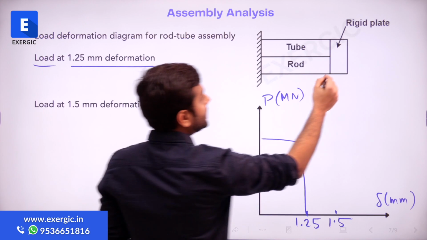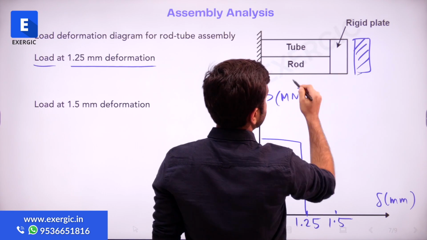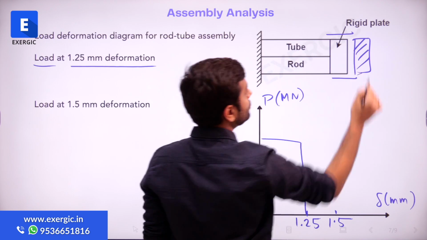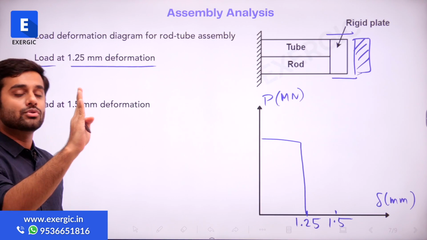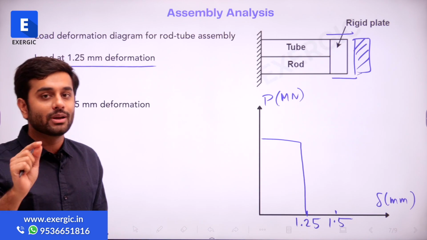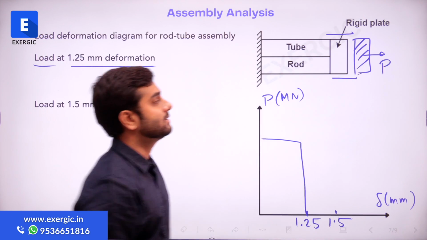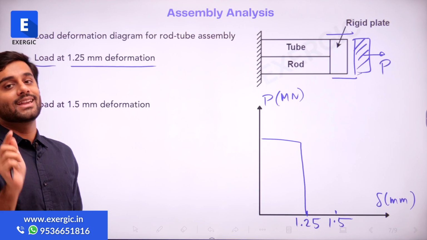Notice that the deformation of the rigid plate, or of this assembly, is the same for both of them, right? So when both of them have deformed up to 1.25 mm, what will be the value of total load P at that instant? Now I can answer this question.